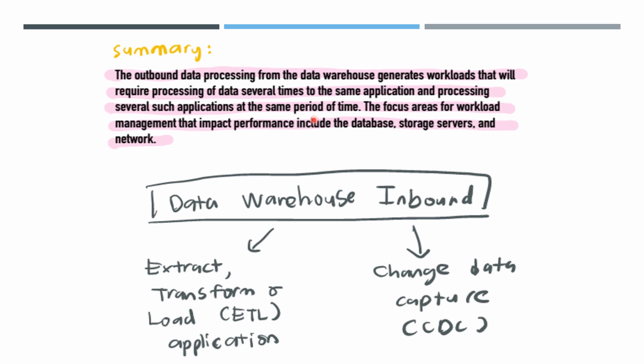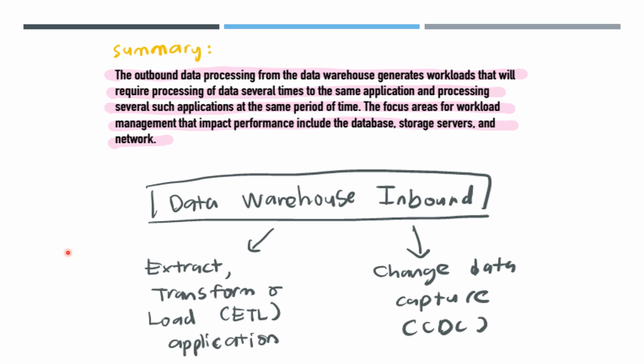So our focus areas for workload management that impact performance include database, storage, servers, and network. For the data warehousing inbound, we focus on these two: extract, transform, and load, for short ETL application, and change data capture, for short CDC.